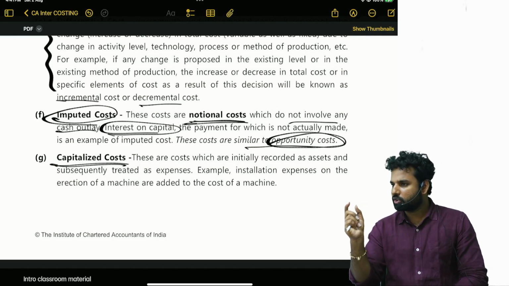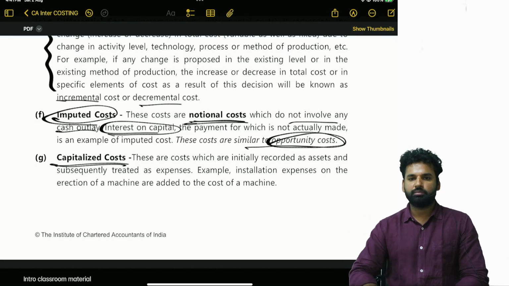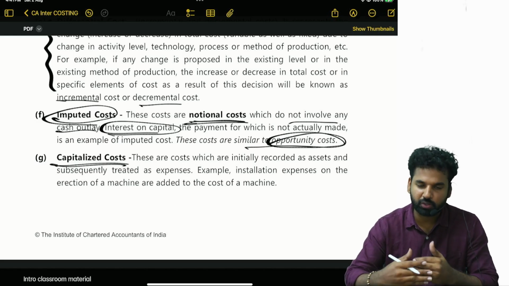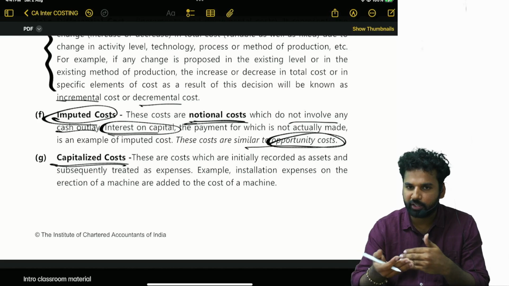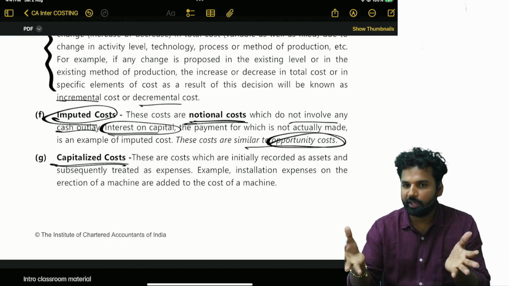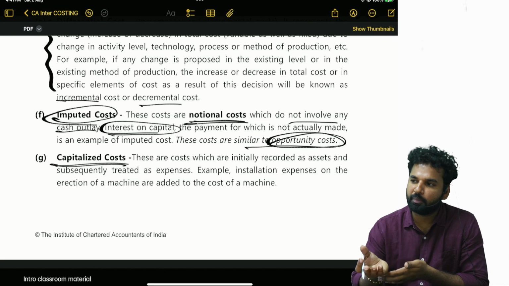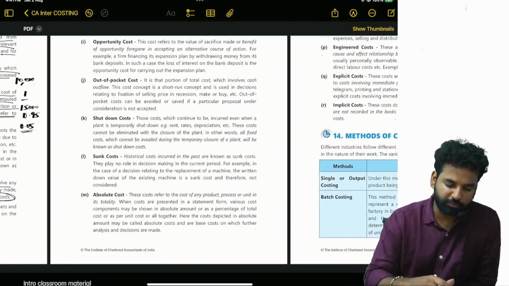You will say 10% of the asset value will be credited to the asset and debited to PAT. Which is called capitalized cost. Capitalized cost means what? Incurred in plant machinery, factory, building, land. That is capitalized cost. So capitalized cost will be generally amortized or depreciated. So depreciation will be charged.